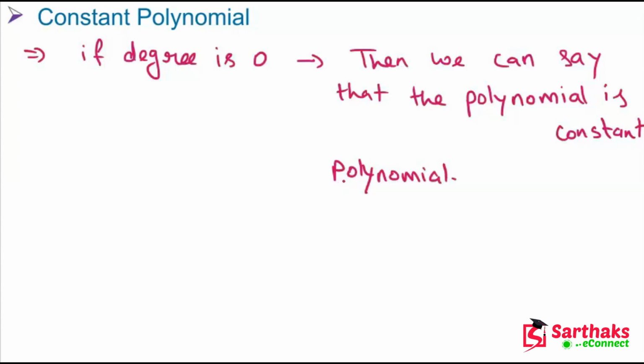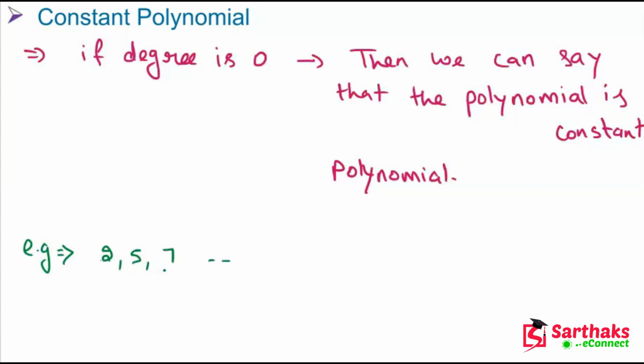They don't have variables. For example, 2, 5, 7 and so on. They are just constants, there are no variables. I hope you get this point.